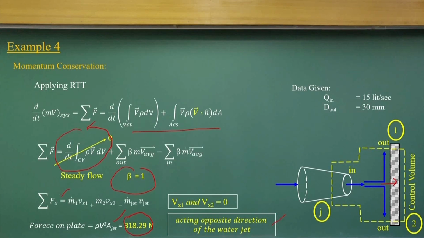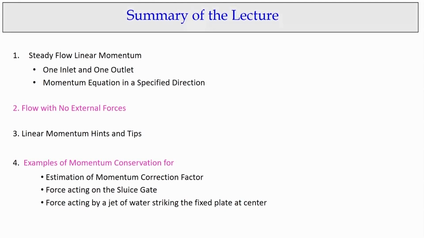So in this way we have solved the 4 problems. Let me summarize the problems that we discussed: how we can simplify the linear momentum equations for one inlet, one outlet combination. Momentum equations we can apply for a specific direction instead of vector equations. We also discussed that linear momentum equations can be applied where no external forces exist.